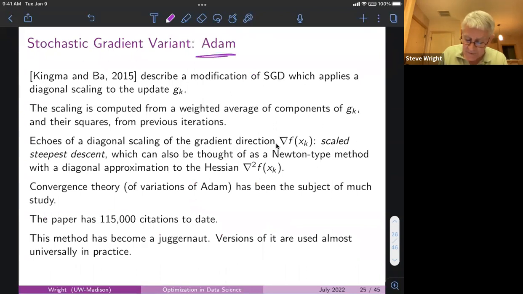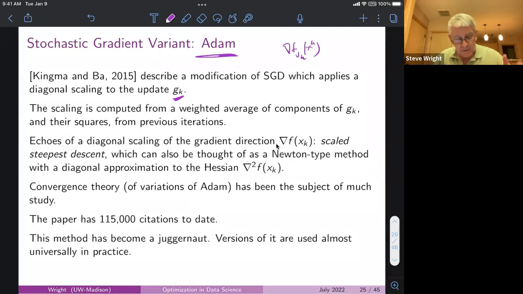Now, there's this modification to a stochastic gradient that's become sensationally popular, and it's called Adam. Essentially, they just have a way of scaling the different components of gk in a clever way. They kind of keep track of the different components of the grad f of fjk at every iteration xk.